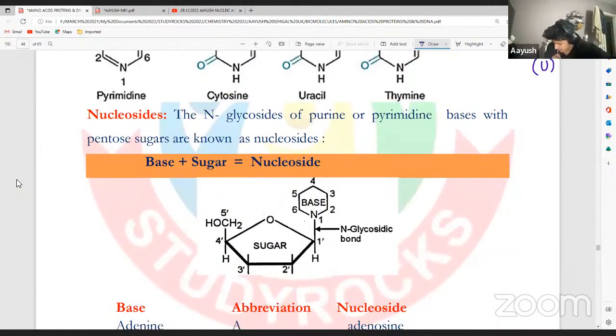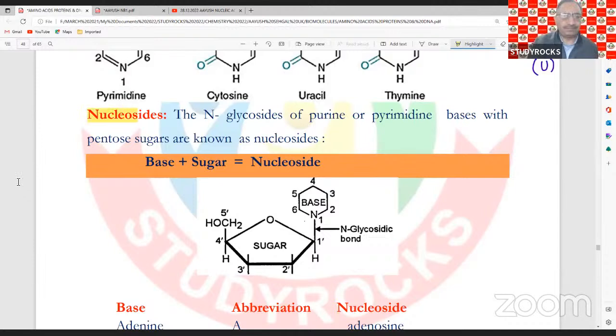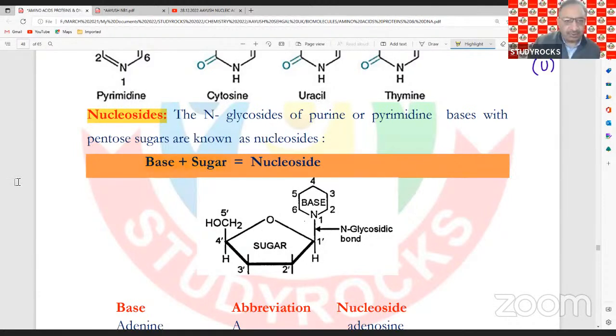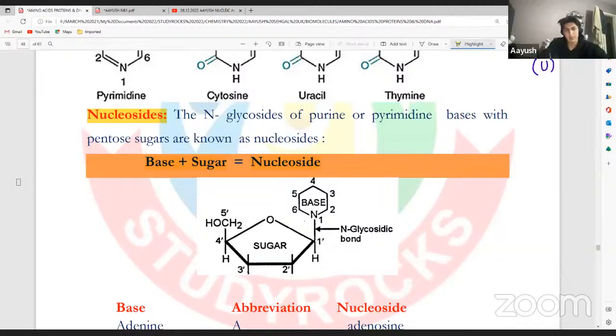Now this question figures in your exams. Nucleoside. Write down with your own hands. Base plus sugar is nucleoside. I have shown this combination.